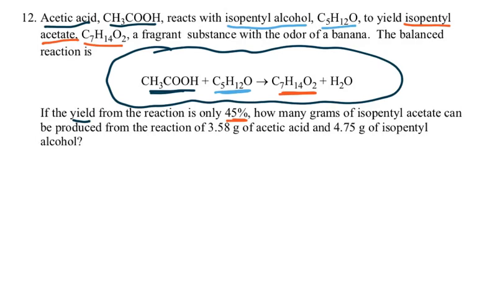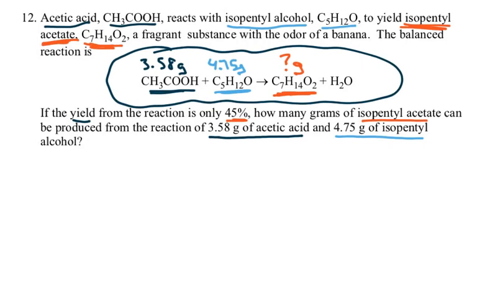Produced, you know it's a product, so you should know it's this one. But if you have to look it up, come up here, isopentyl acetate, find it. So how many grams of this isopentyl acetate can be produced from the reaction of 3.58 grams acetic acid, and 4.75 grams of the other stuff?